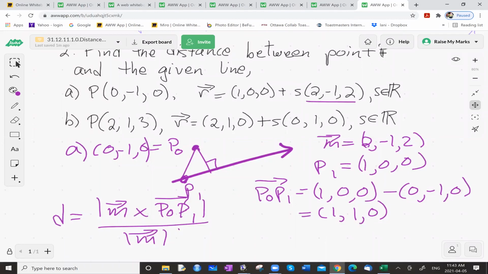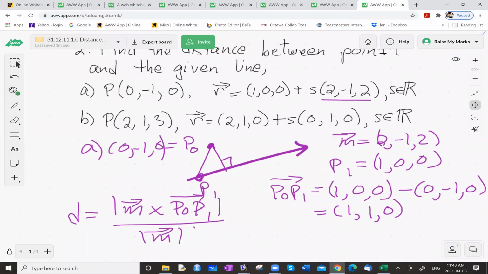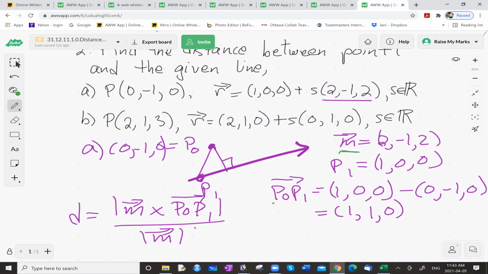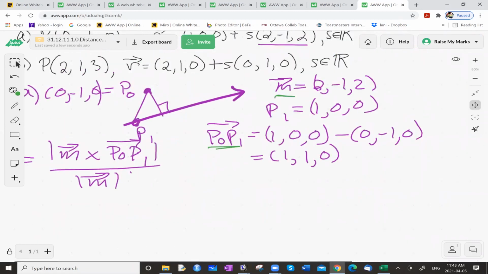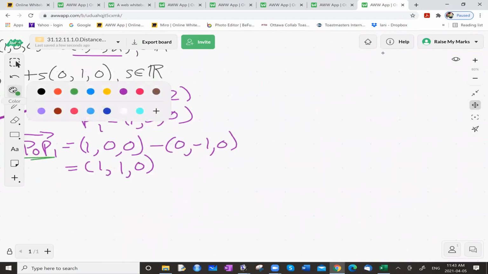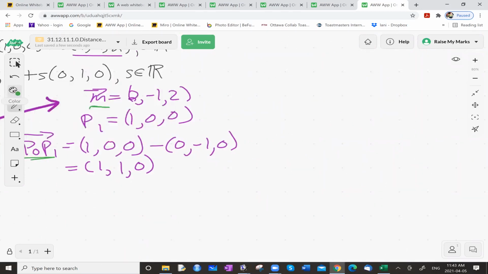We want to find the cross product between our direction vector m and this vector P0P1. Let's scroll over to the right so we have a bit more space, since it looks like we're running out of space. So m cross P0P1.